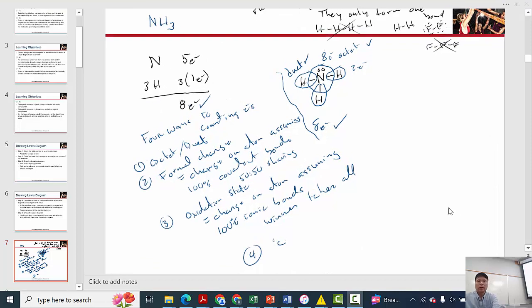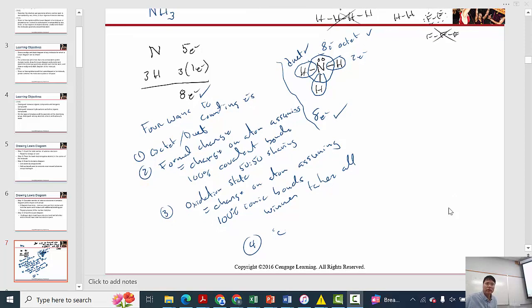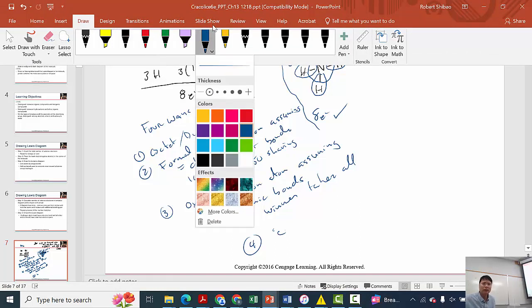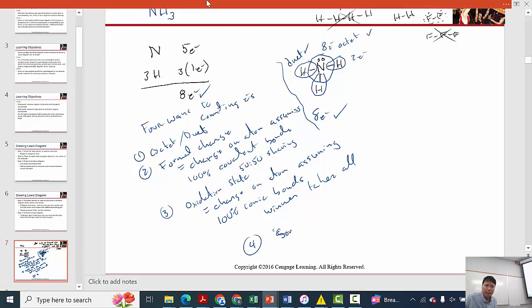All right. The other way of counting electrons is something in between the two extremes. And the two extremes are going to be number 3 and number 4. And so let's take a look at that now. So something between the two extremes.